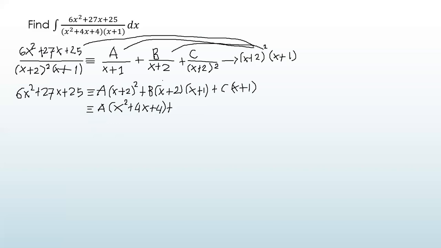Afterwards, b times x plus 2 times x plus 1: x squared, 2x plus 1x is 3x, and 2 times 1 is 2, so 3bx plus 2b, and then c times x plus 1, plus cx plus c.